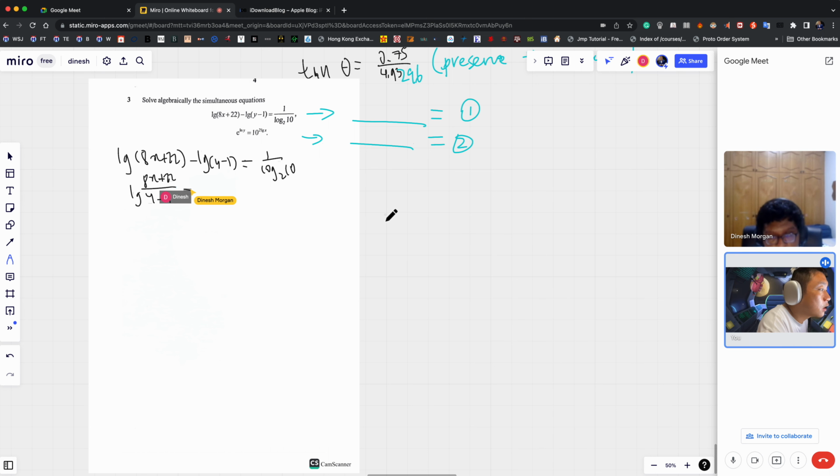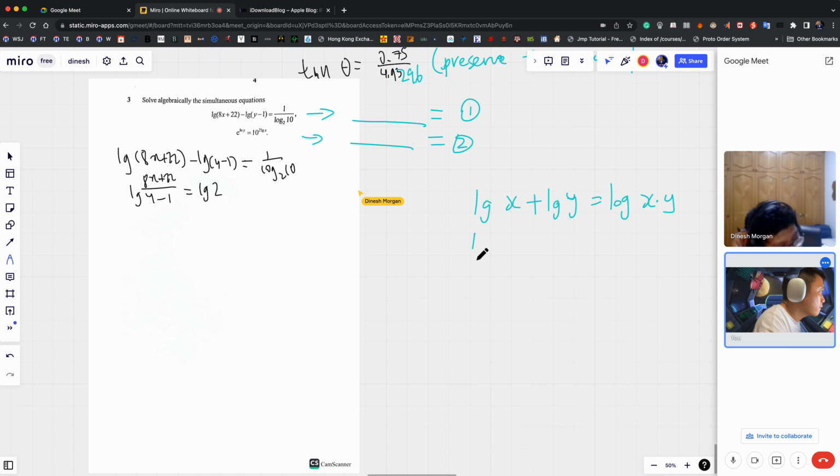By the way, probably I should caution you because when it comes to logarithms, it's better to write down the product rule and the division rule. I'm going to tell you why. Do you know why it's better to write it down?